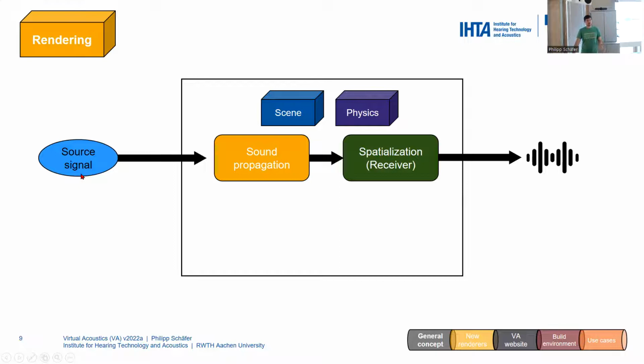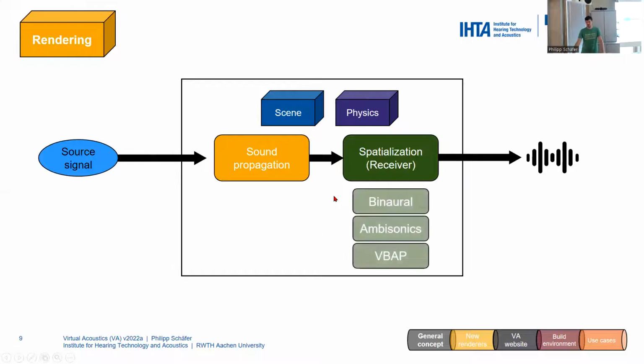So this raw signal that the sound source emits. And within the rendering process, you want to consider the sound propagation. So how is the sound altered while propagating from the source to the receiver? And at the receiver, we want to do some kind of spatialization to get 3D audio in the end. We don't want to have a mono sound or some stereo sound. We want to have actual 3D audio.